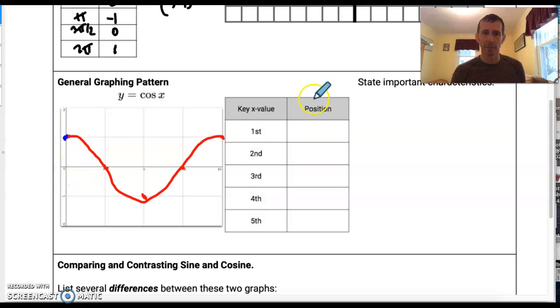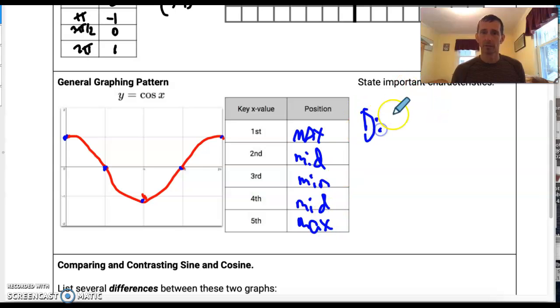It's now at the very top. So the first position of cosine is that it starts at the max, then it goes to the midline, and after the midline, it goes to the min. So the pattern is the same as sine: max, midline, min, midline, and then I end up at the max. It's just out of order from what it was with sine.